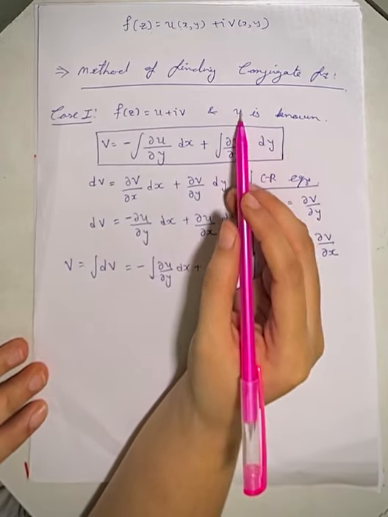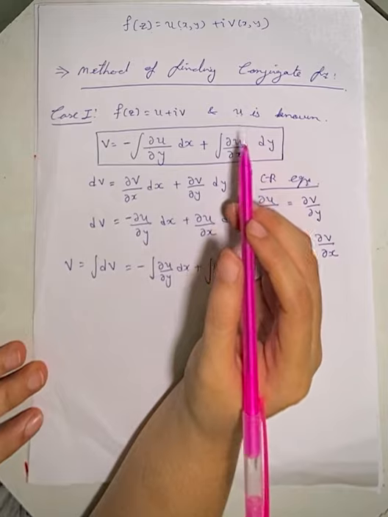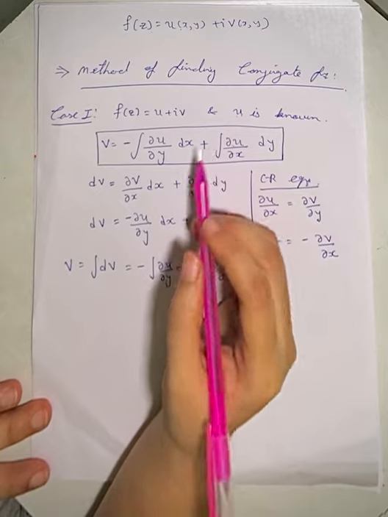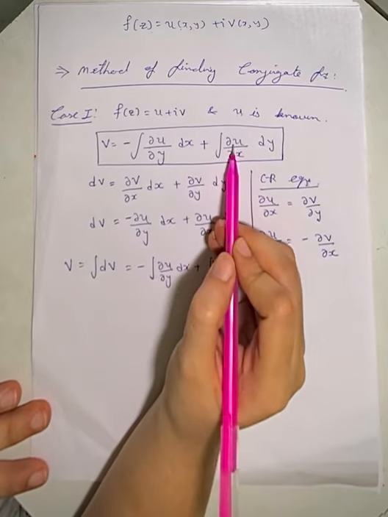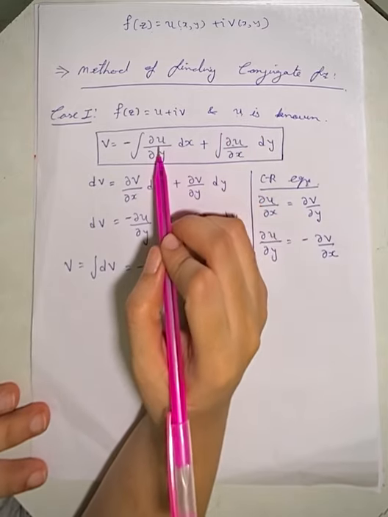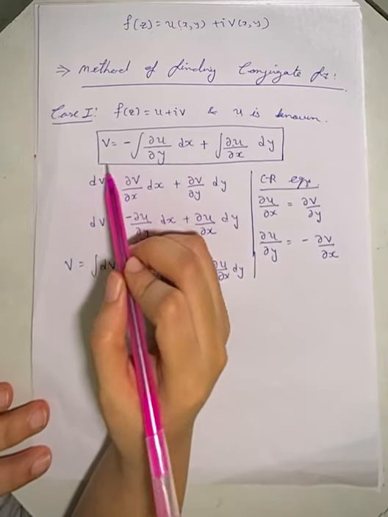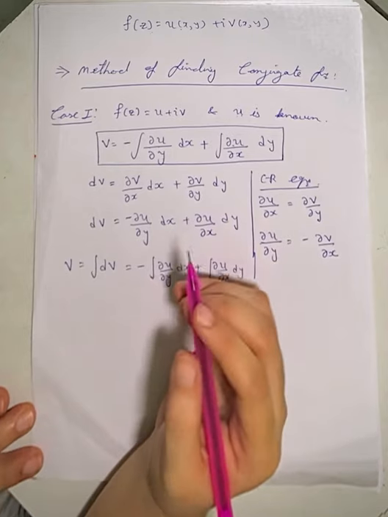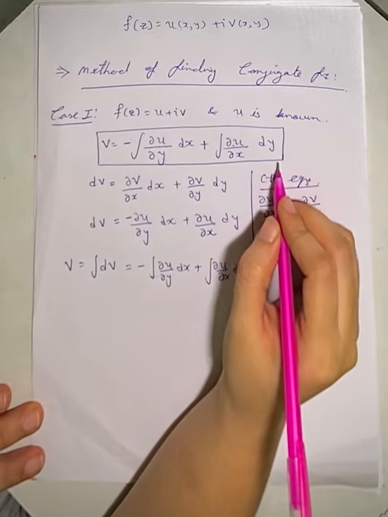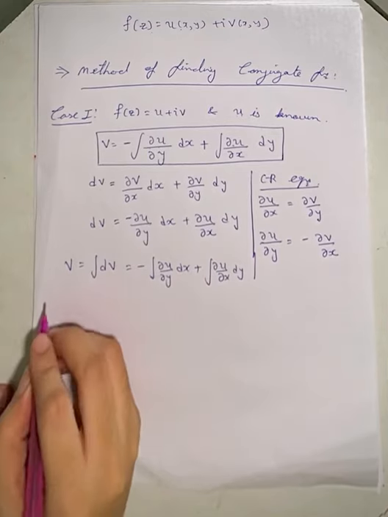And sometimes if u is a very simple function, and you have good practice of finding derivatives, then you can guess the derivatives without doing the calculation, plug in the values and just integrate it. So if we know this, then calculations become faster and we get the answers quickly. So this is something we should try to remember. In case we have any doubt, we can derive it quickly also.